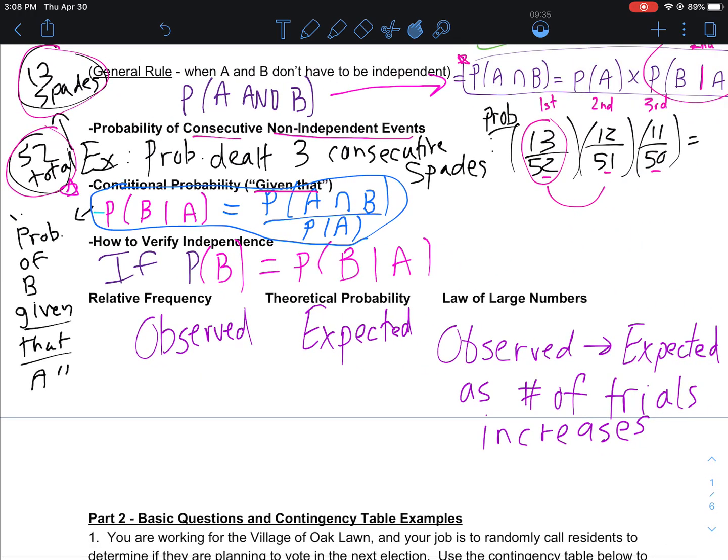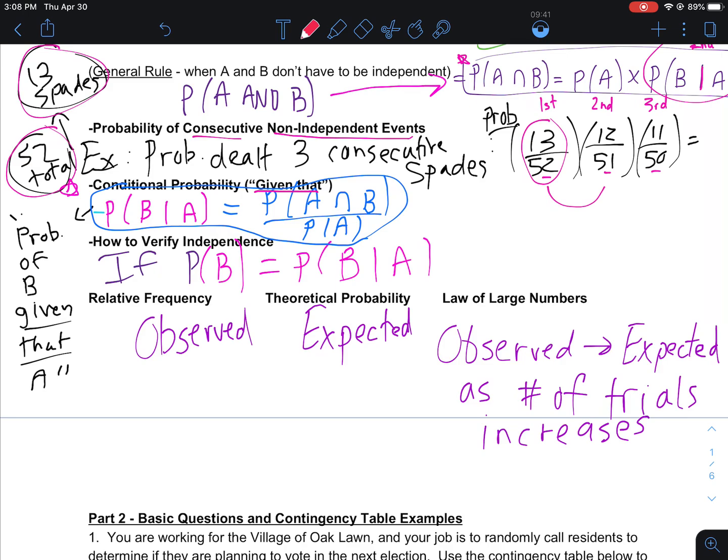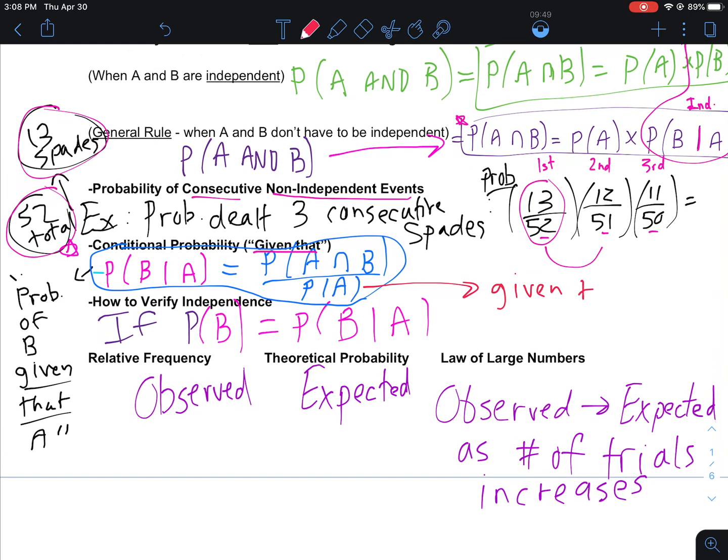So something you may remember if you see the words given that is always indicating to you whatever you hear after given that is the denominator. So once you read the phrase given that, the denominator is whatever comes after it.